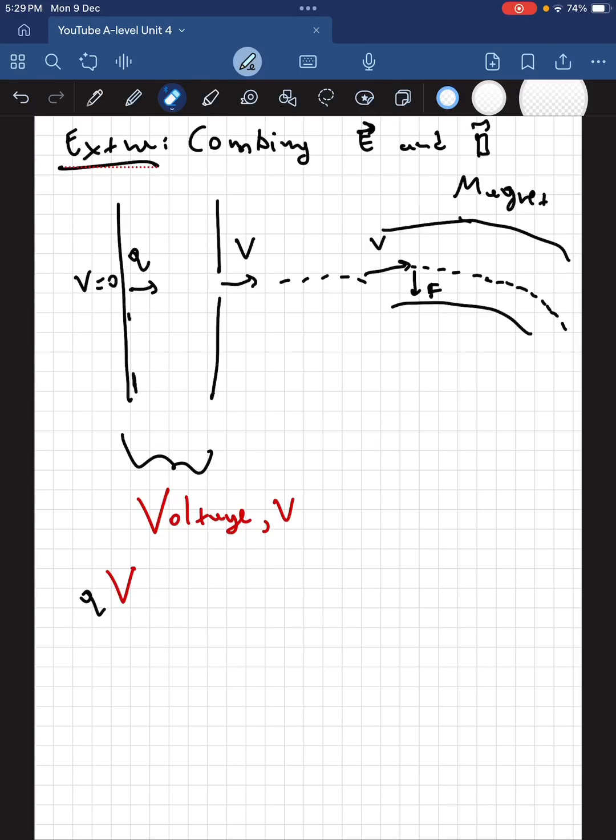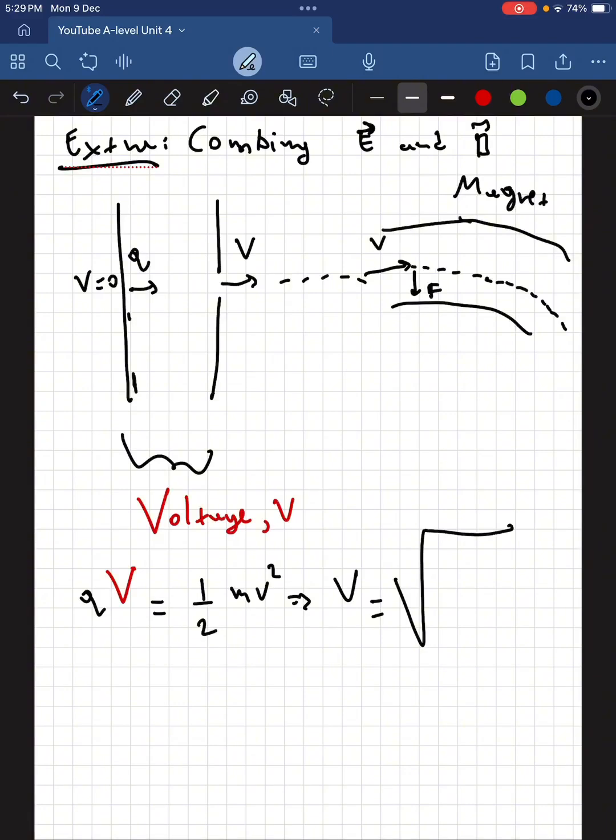So q times the voltage should be equal to the kinetic energy, which is 1/2 mv squared, right? And if we solve for the velocity, we find that the velocity of the particle, once it exits this setup, should be the square root of 2q times the voltage, in red, over its mass, okay?